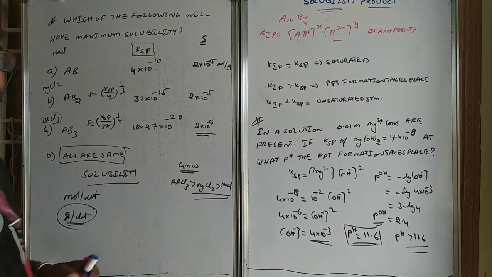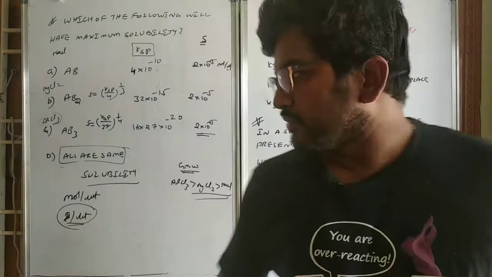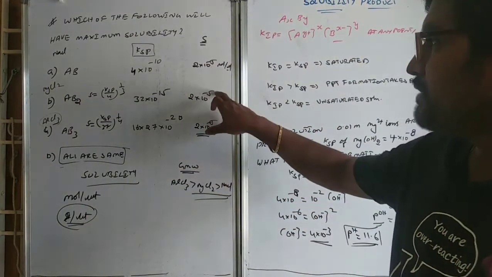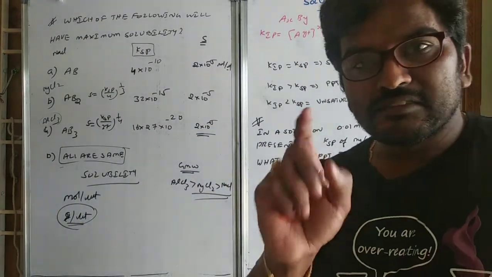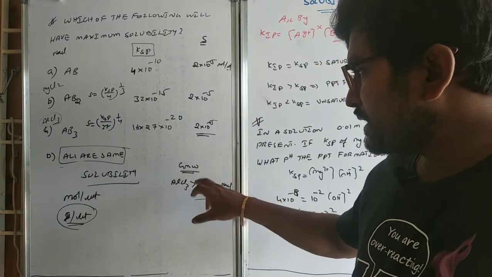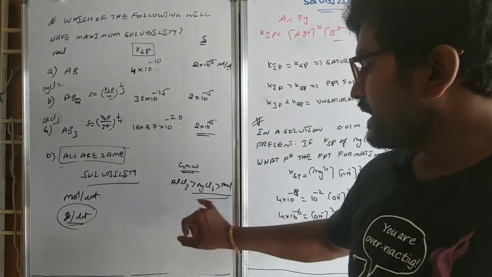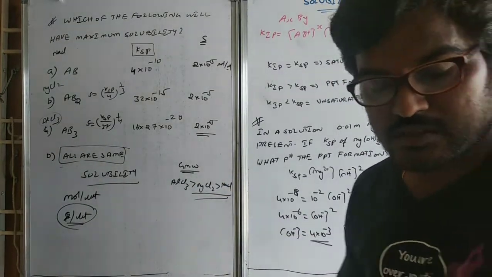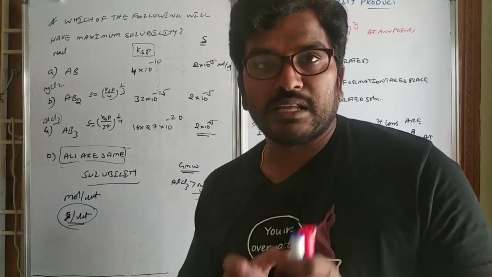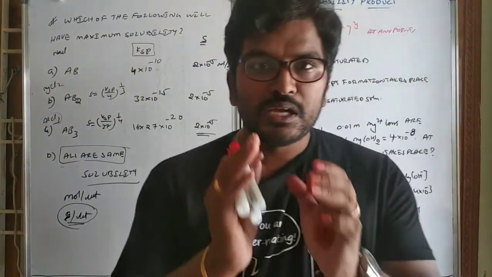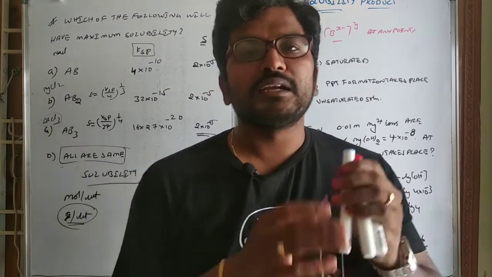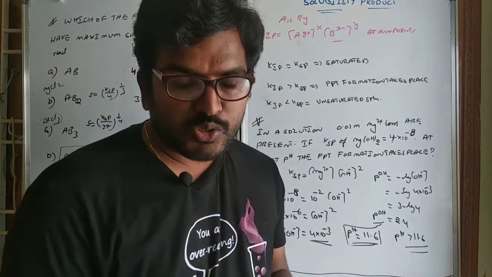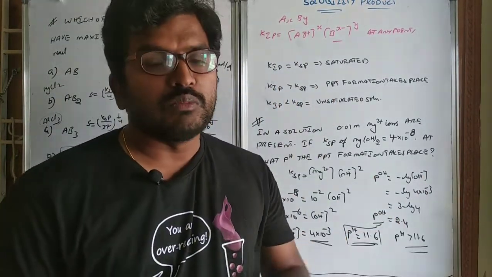If the solubility is in moles per liter, all will have the same solubility. If it is in grams per liter, AlCl3 greater than MgCl2 greater than NaCl. Like this we can study the solubility product and how we can identify the solubility based on it.